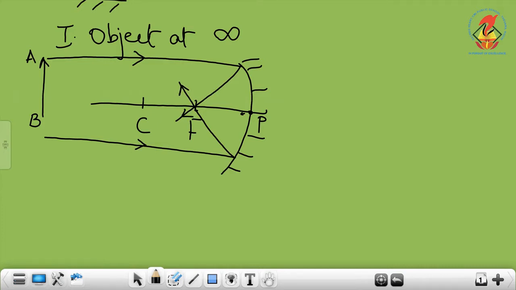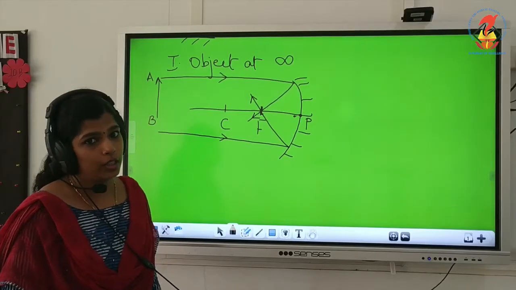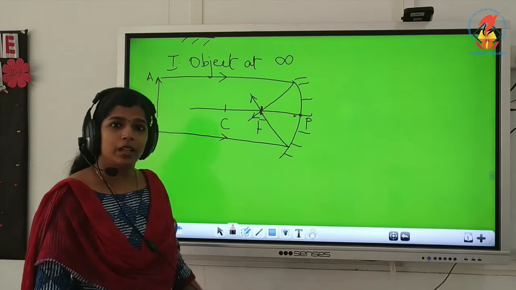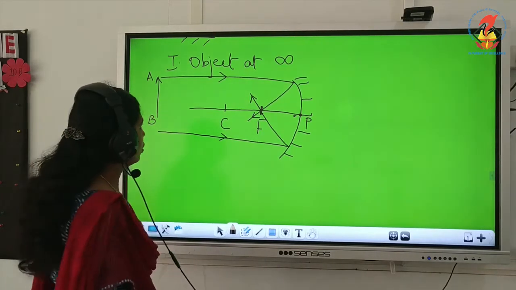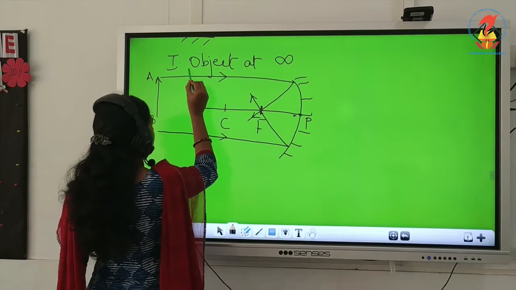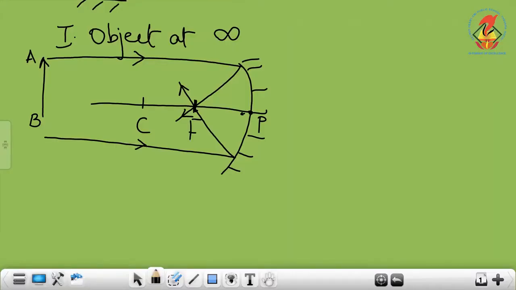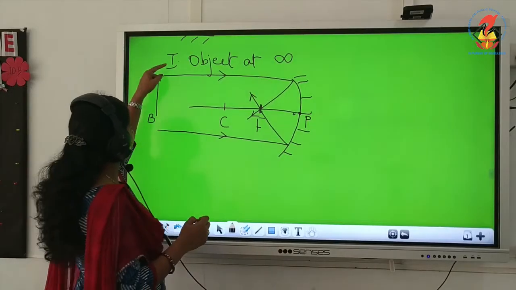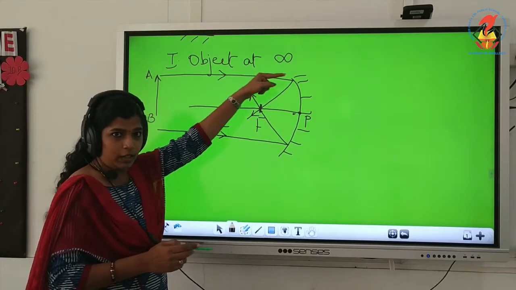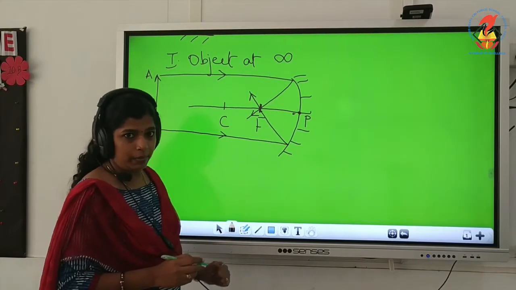They will meet at this point, and that point is the focus, where you will get the image. So first you will write the heading: image formation by concave mirror. Then, object at infinity, you will draw the ray diagram.